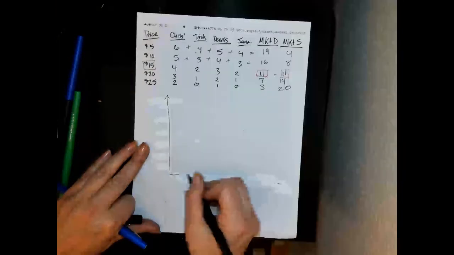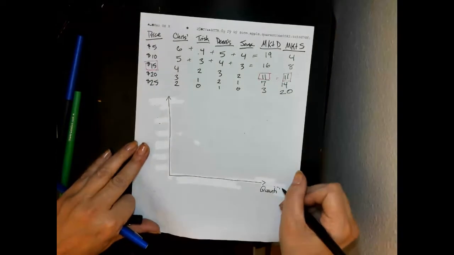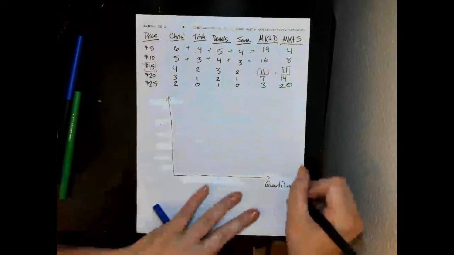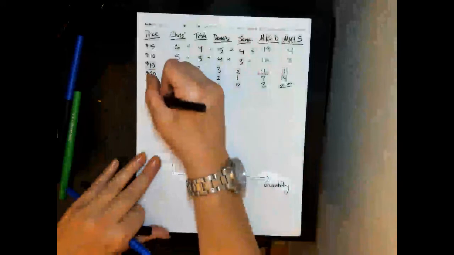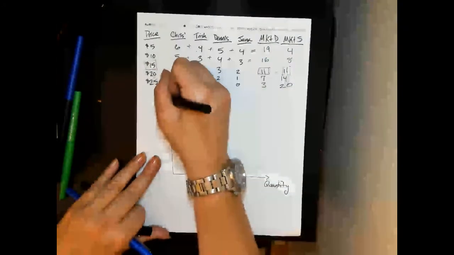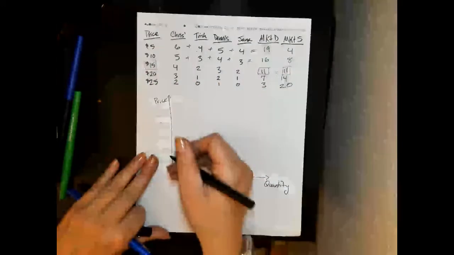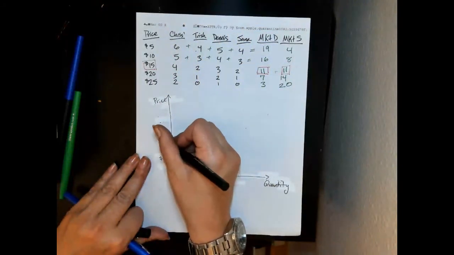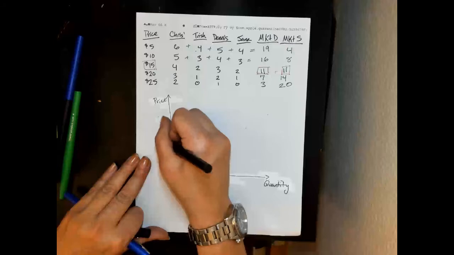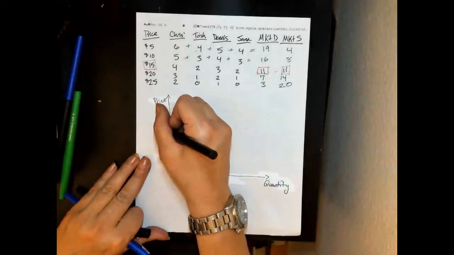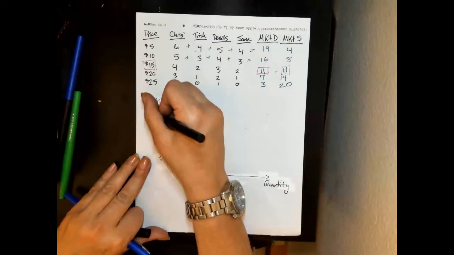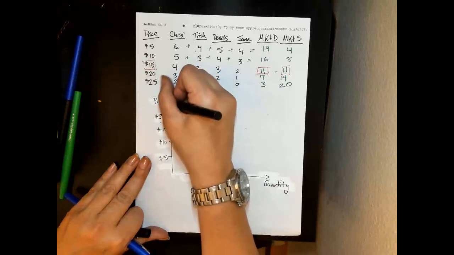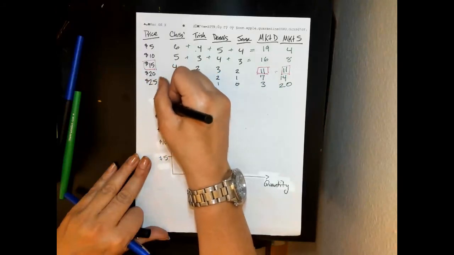So I've got my y-axis for price and my x-axis for quantity. And I know my price is going to go from 0 to $25. So let's say this is 5, 10, 15, 20, $25.